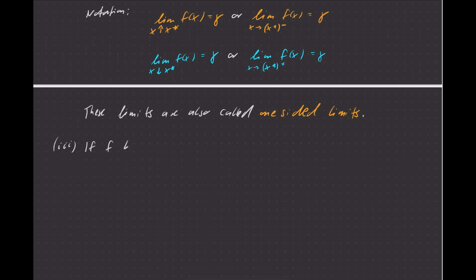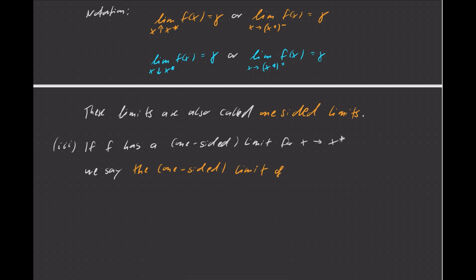So if f has a possibly one-sided limit for x to x star, we say the limit, or the one-sided limit, let me add that as well, of f for x to x star exists.